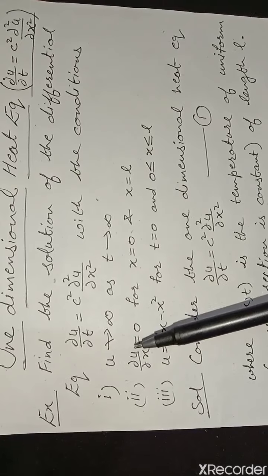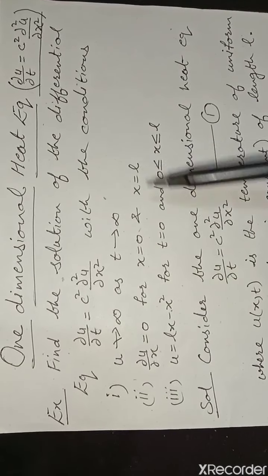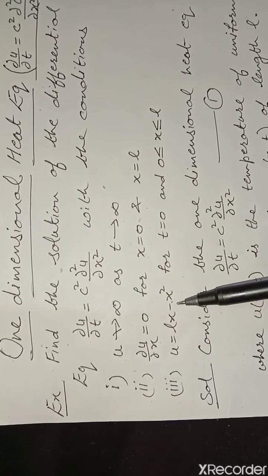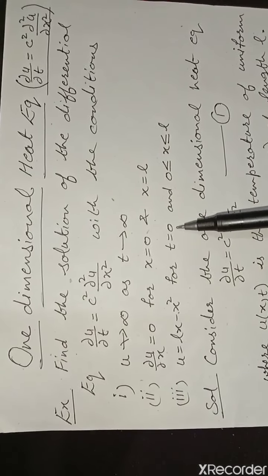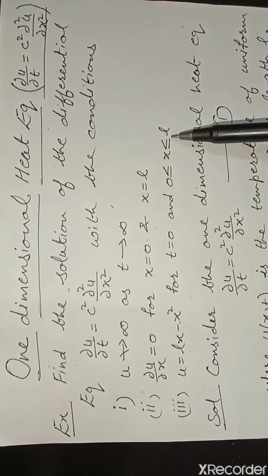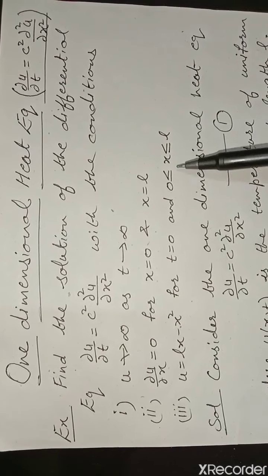The second is del u by del x is 0 for x equal to 0 and L, and the third condition is u is Lx minus x square when t is 0, where x is between 0 and L, which means the length of the rod is L.